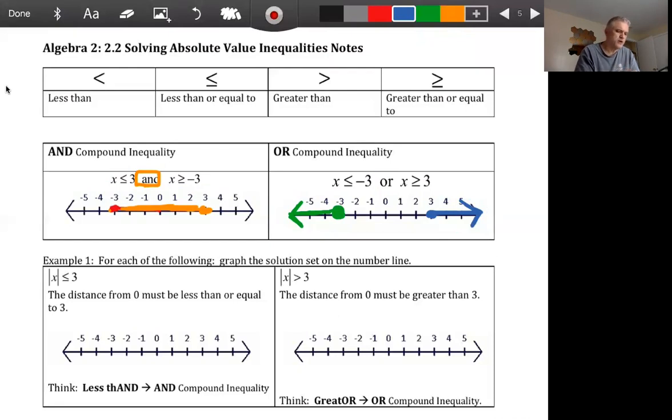So for each of the following, graph the solution set on the number line. The absolute value of x is less than or equal to 3. So the distance from 0, which is what absolute value means, must be less than or equal to 3, all right? So, let's do this algebraically as well, right?